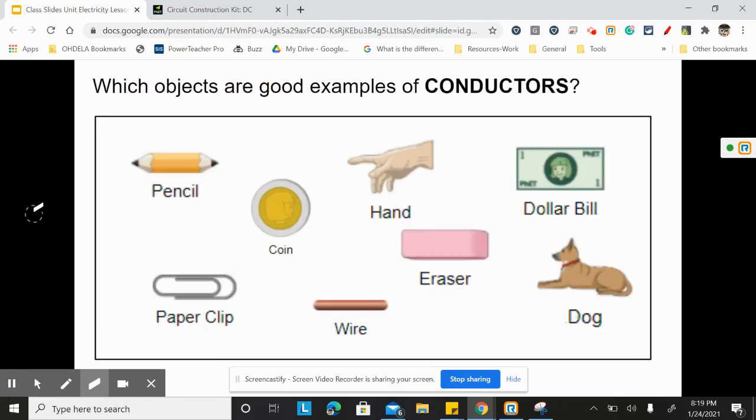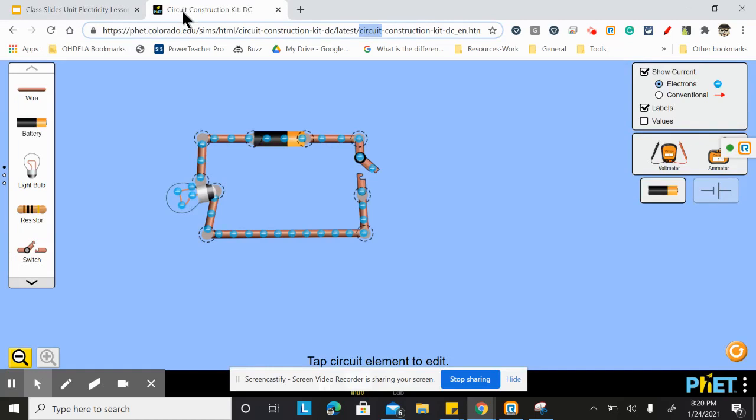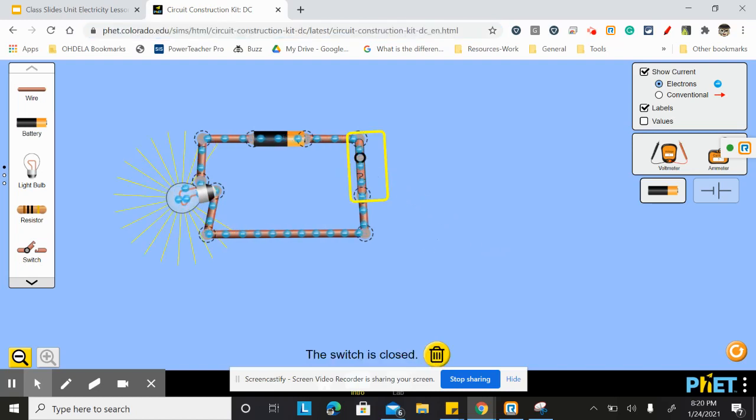Which objects of the following are good examples of conductors? What do you think? Which of these will conduct an electrical current? We can go to our PhET circuit simulation program and test these out. You can use wires, a switch, a battery, and a light bulb to build a simple circuit, and then test that the circuit works if you close the switch.